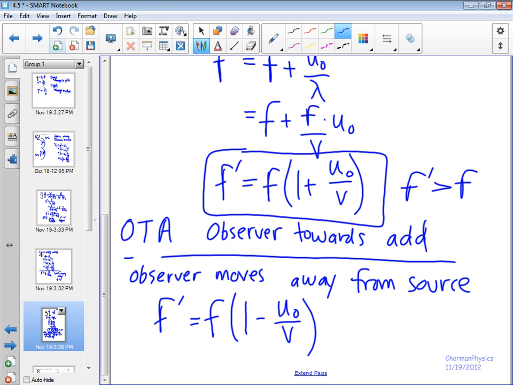With the observer moving towards the source, we see that f prime, obviously, is greater than f, and here, moving away, f prime is less than f. It makes perfect sense, actually. It's really just the relative motion that you need to be thinking about here, in terms of the same idea of the frequencies changing.